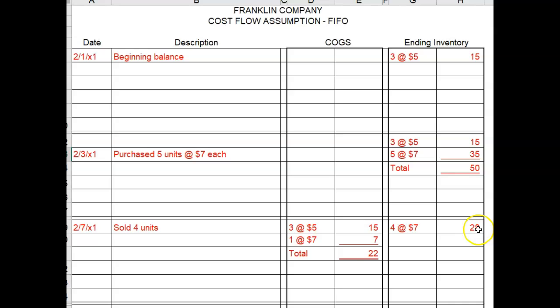If ending inventory plus cost of goods sold equals goods available for sale, and we had $50 worth of inventory available for sale before this sale, then if we did our math right, 22 cost of goods sold plus 28 ending inventory has to equal 50. Does it? Yes. Ending inventory plus cost of goods sold does equal goods available for sale immediately before this sale. Isn't that cool? Very powerful formulas.